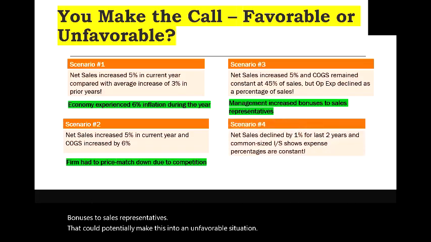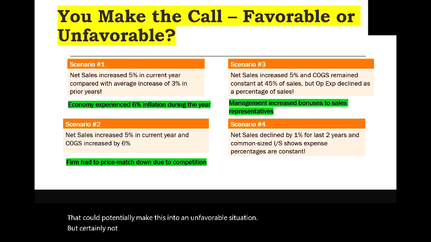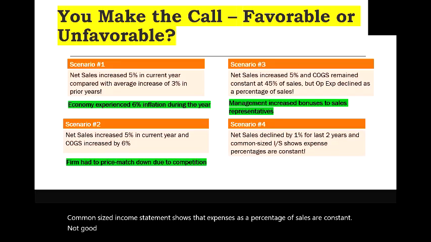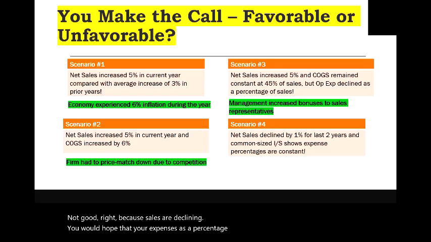Last, but certainly not least, net sales declined by 1% for the last 2 years, and common size income statement shows that expenses as a percentage of sales are constant. Not good, right? Because sales are declining. You would hope that your expenses as a percentage of sales would also decline. So again, unfavorable.